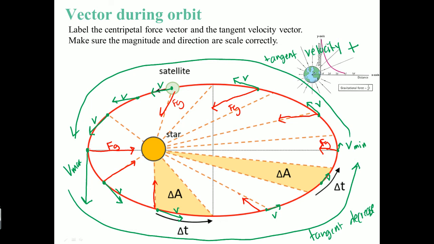Then, because velocity is increasing, that's what allows it to swing across the sun and never hit the sun. Then it swings around and it comes on this side, the V starts decreasing. So V starts decreasing and FG is going to start pulling it back in. Okay, then it repeats. FG's pulling it in, then it's almost going to hit the sun, but V increases, so it keeps swinging around.